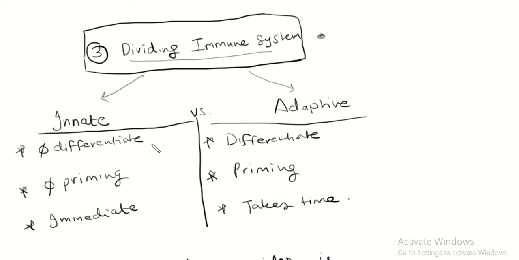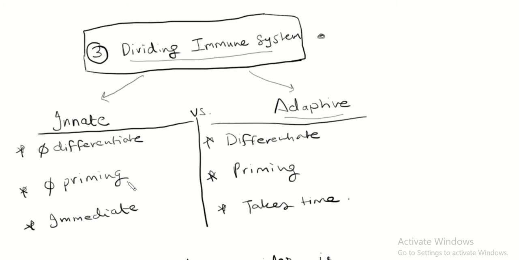Adaptive, on the other hand, is smarter. It differentiates between bacteria 1 and bacteria 2, virus 1 and virus 2. It creates different tools to take care of bacteria 1 and different tools for bacteria 2. That's difference number one, a big difference.